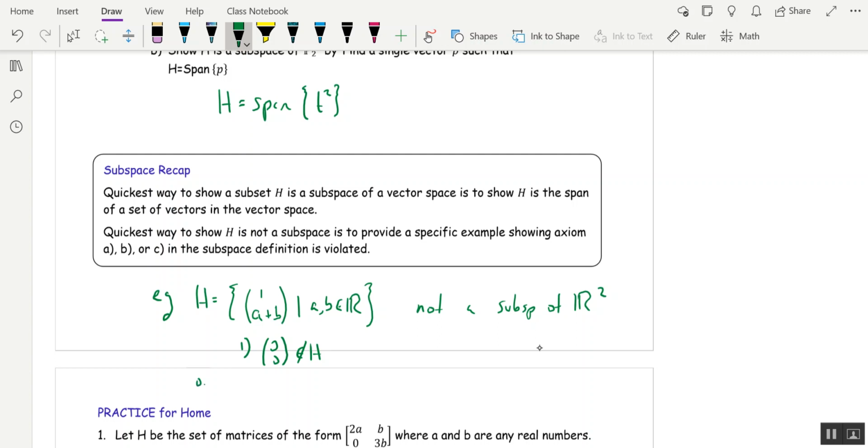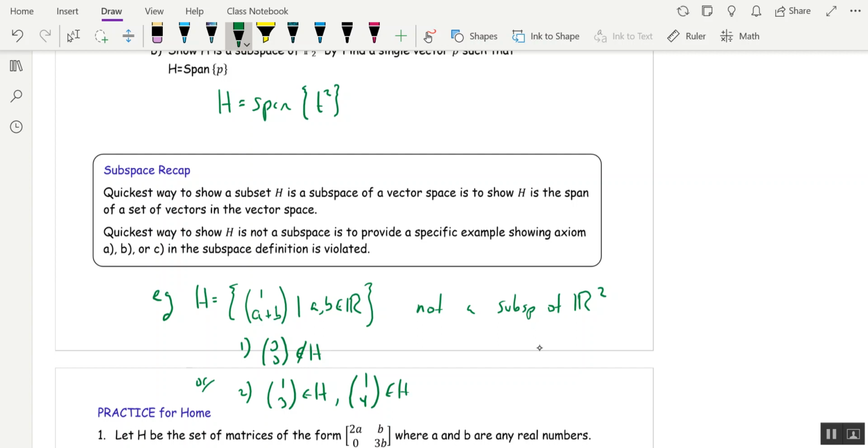Or you could take two vectors in H. You could take (1, 3), that's in H. 3 is 1 plus 2, that's a real number. (1, 4) is in H. 4 is 2 plus 2, those are real numbers.